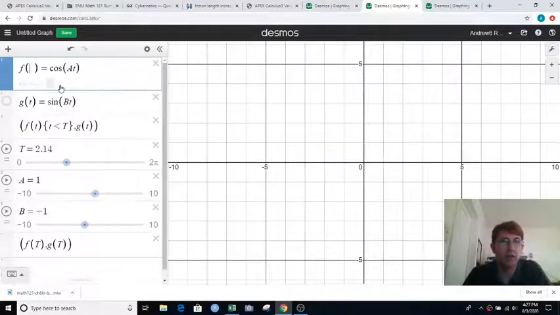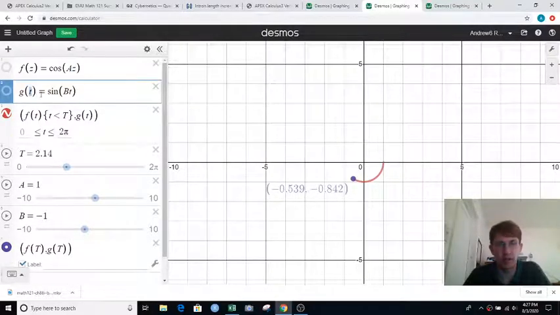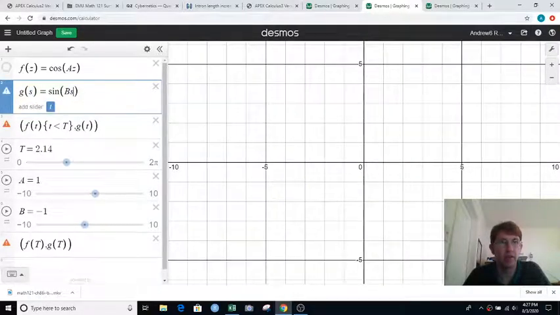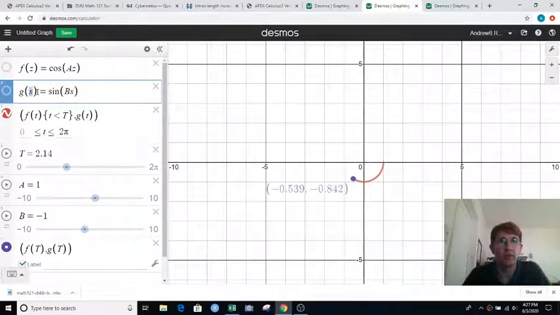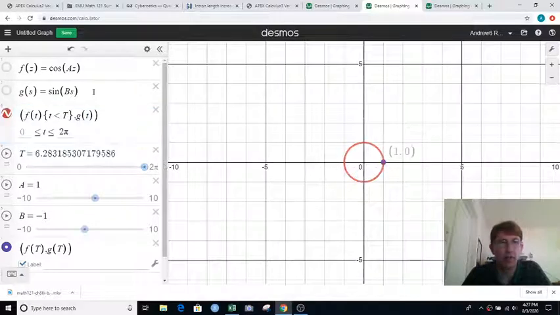It could be Z. Whatever letter you type here, it will use over here as if it was X or T as usual. So those letters don't have to be T's, but this letter right here and this one here do have to be T's. So that's a quick intro to Desmos and graphing parametric equations.